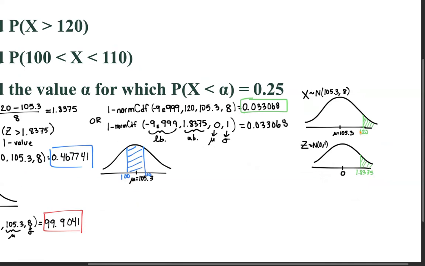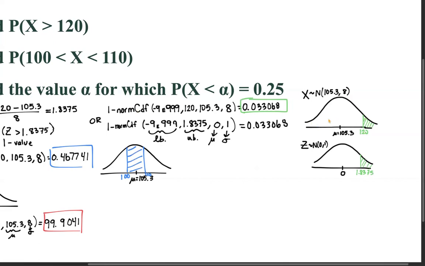We want to find this area under the curve, this shaded area here in green. Here we're going to say that's 120. So we want to know what is that area under the curve. If we didn't do 1 minus the norm CDF and we just did norm CDF, that's going to give us this white part under the curve. But we're interested in this part.